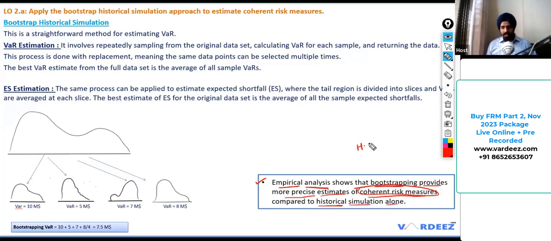So if you're just calculating the VAR using historical simulation and the VAR calculated using bootstrapping historical simulation, the latter is better and more coherent, because you're taking multiple samples and taking the average of that. So you're not essentially dependent upon just one value at risk number. That's the reason this is a better approach.